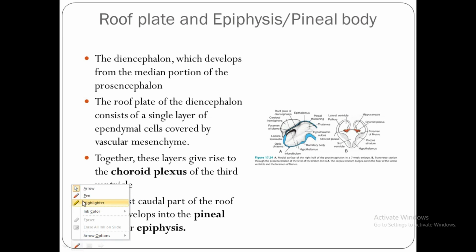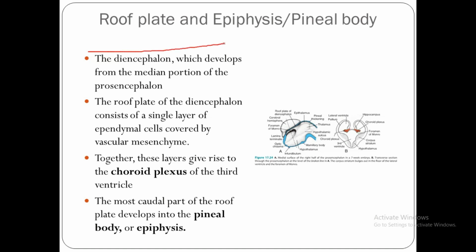Now we are coming to a little bit more detail about the diencephalon. As we know, the central part of the prosencephalon is going to convert into diencephalon. And in this picture you see the roof plate of diencephalon, meaning the roof.